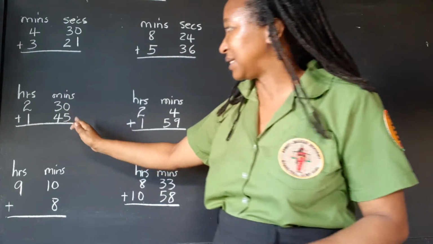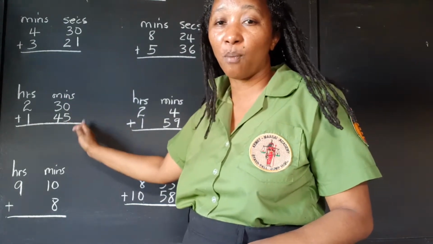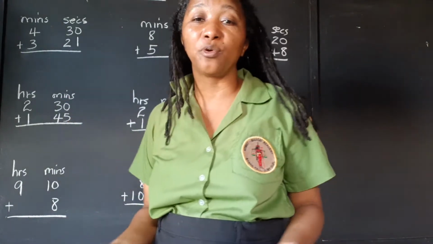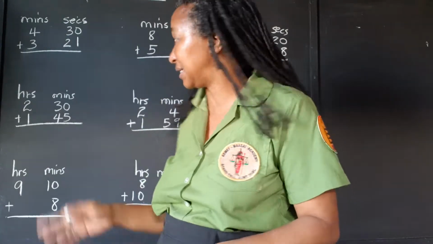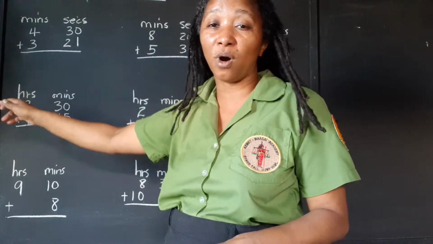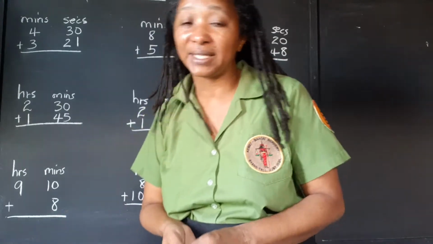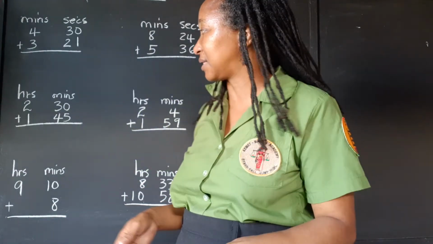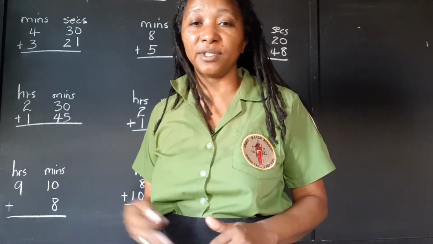Or if you got 60 minutes or more, you have to see how many groups of 60 you can take from that and transfer it as 1 hour. That's the basic principle. Everything else is just the basic rules of addition.